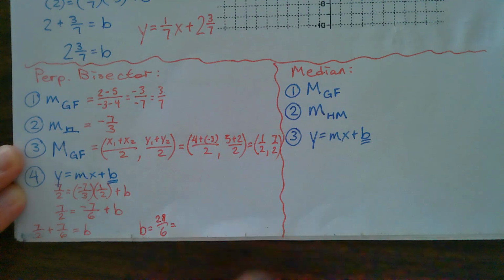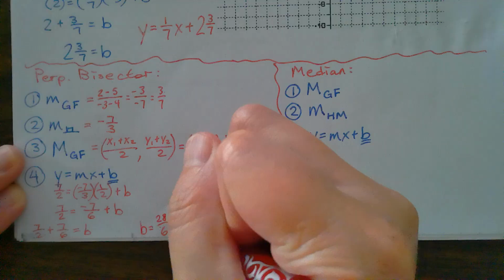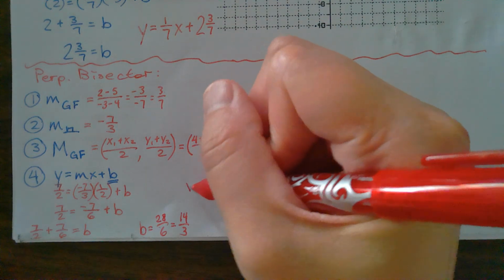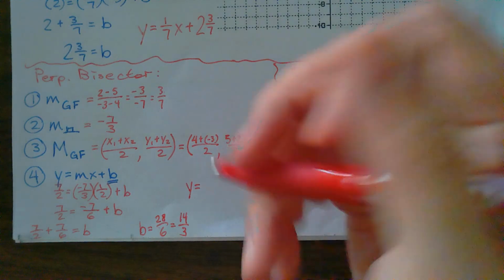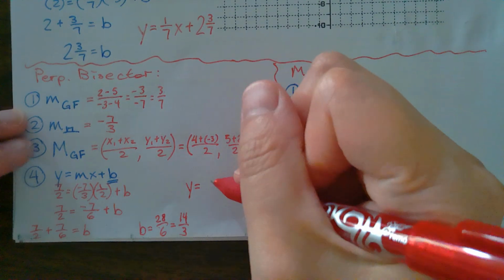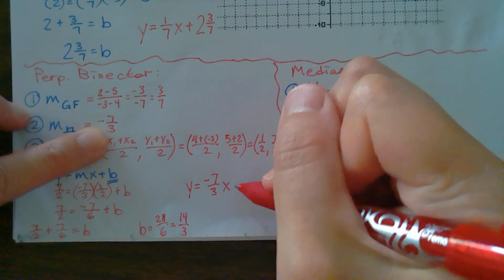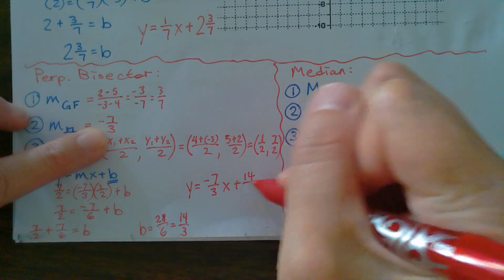When you reduce it, 14 over 3. So after all that, I can find the equation of that red line, which is y equals negative 7 over 3x plus 14 over 3.